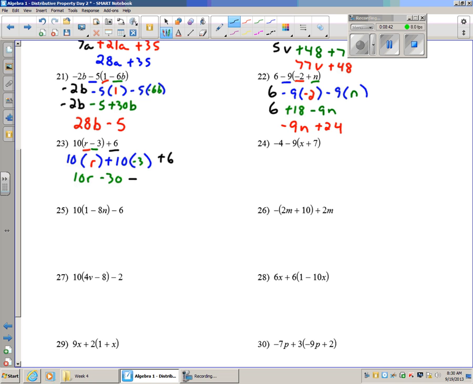And the 6 just drops down. List your letters first. It's 10R. Negative 30 plus 6, that's negative 24.